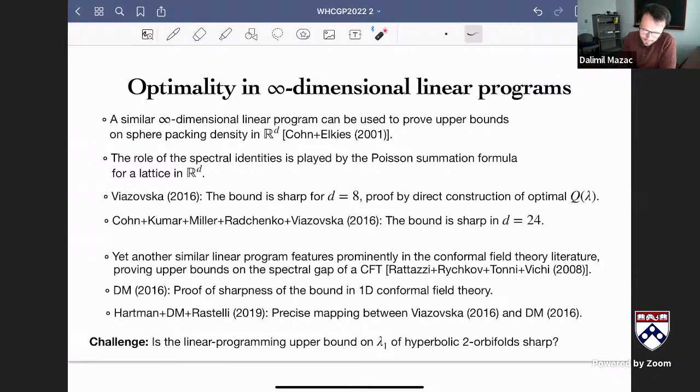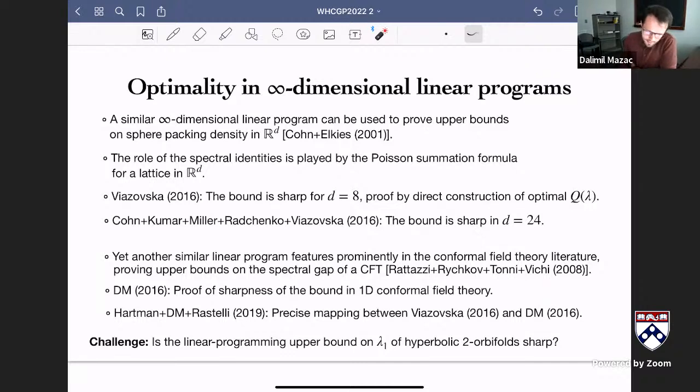And quite remarkably, there was a very similar line of development in the conformal bootstrap literature. There, the analog of the Cohn-Elkies linear program is a famous founding paper of Rattazzi, Rychkov, Tonni, and Vichi, who showed how to use linear programming to prove upper bounds on the spectral gap in a CFT.